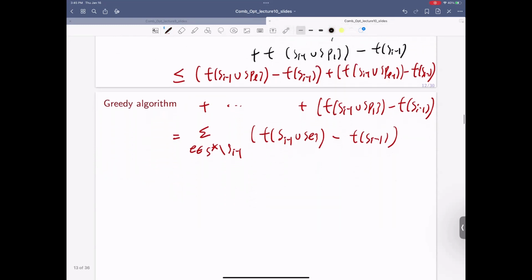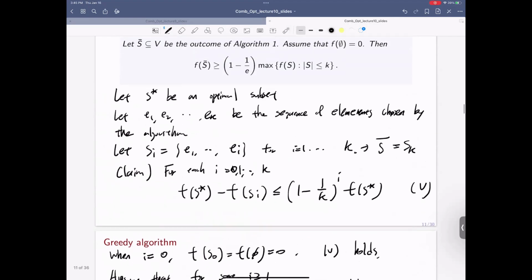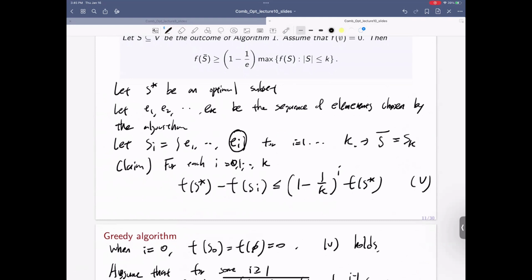What I claim is the following. E doesn't belong to S_{i-1}. Now you can add E to S_{i-1}. Now, what is e_i? Well, e_i is the element chosen after S_{i-1}, and we chose e_i so that it maximizes the marginal return.